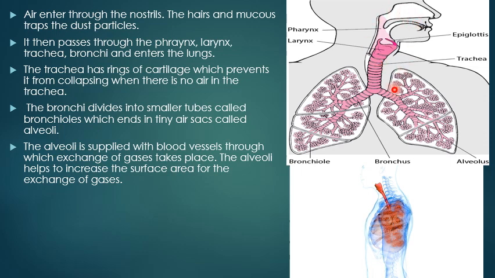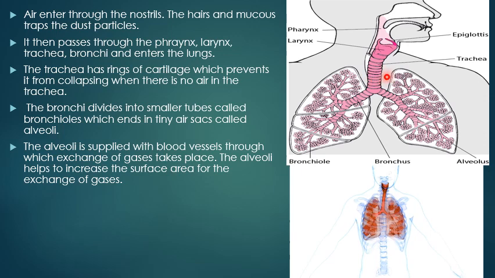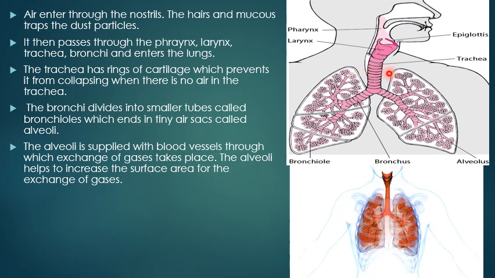The next part is the trachea. The trachea, or windpipe, rises below the larynx and moves downward through the neck. In the wall of the trachea we can see C-shaped cartilaginous rings, which give hardness to the trachea and maintain it by keeping it completely expanded. That is a major function of this.